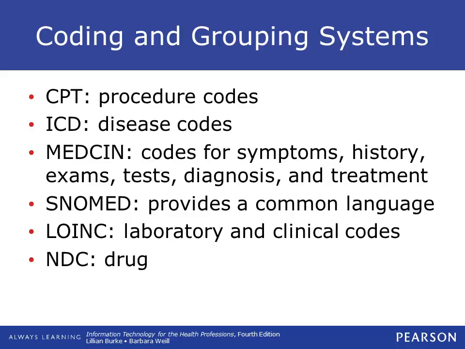You have the SNOMED and the LOINC. Those are your laboratory and clinical codes. And then you have your NDC codes. Those are the ones in relation to the different drugs and medications that are administered to the patient.